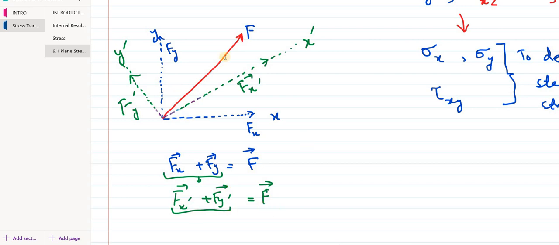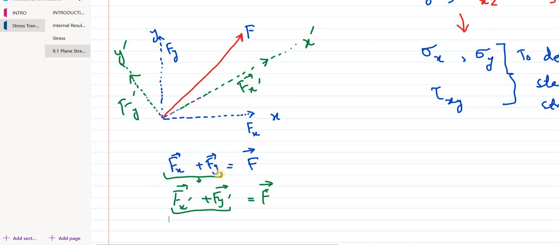Just to, this is not our topic, but I want to relate it to what you already can easily understand. This was the transformation of force. You have been calling it resolution of vector or resolution of force into components.